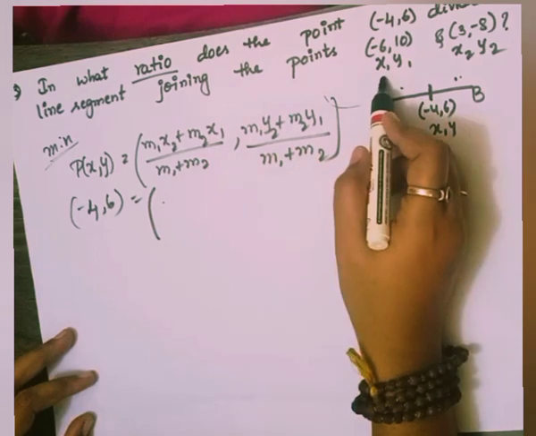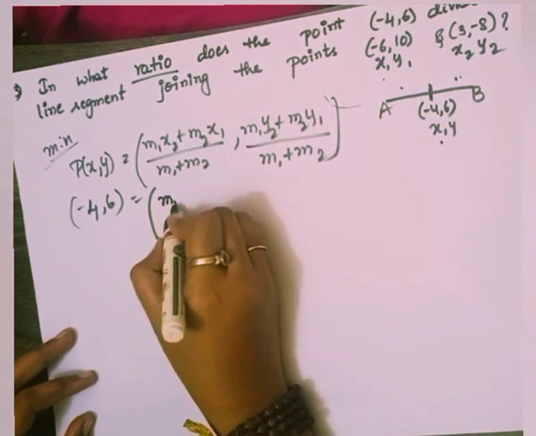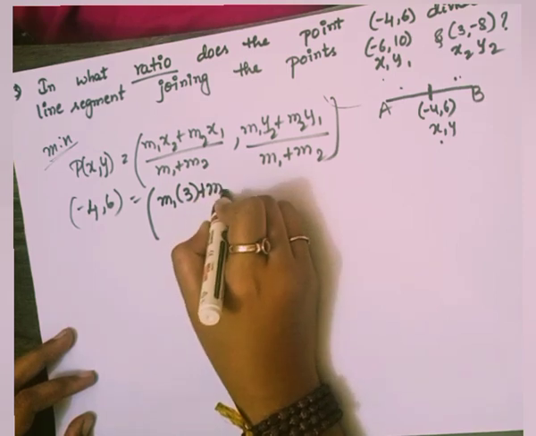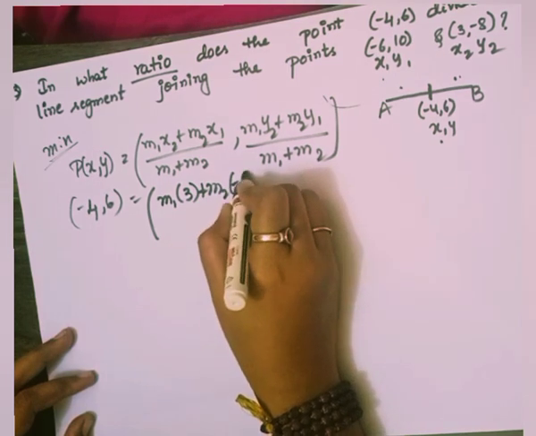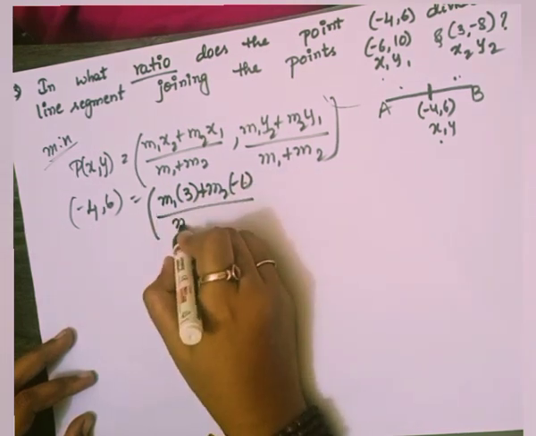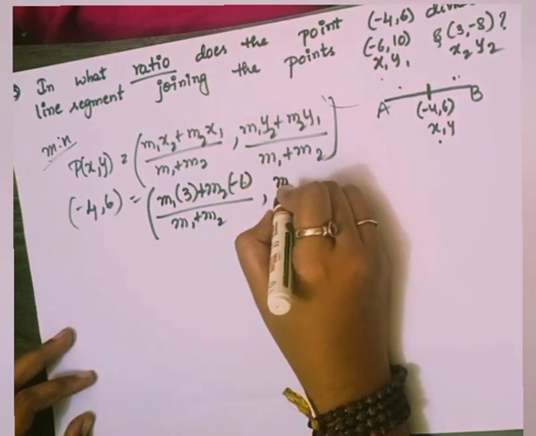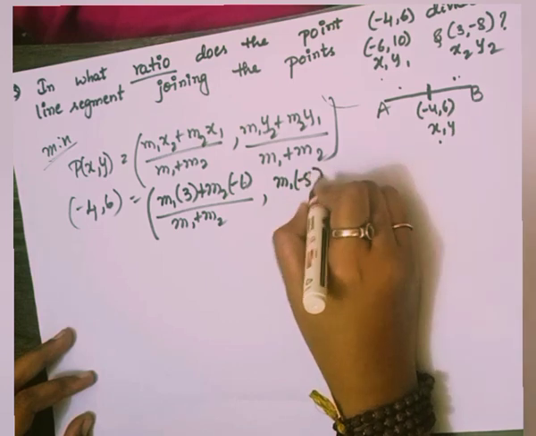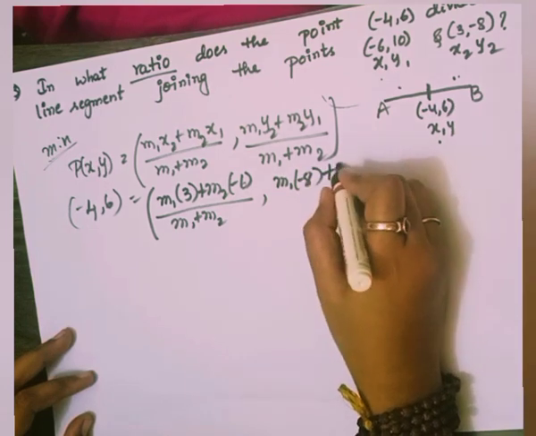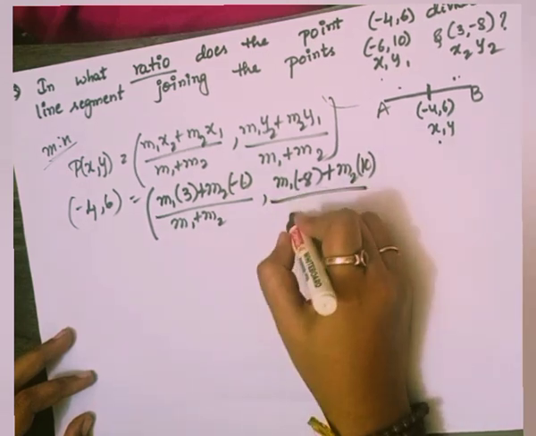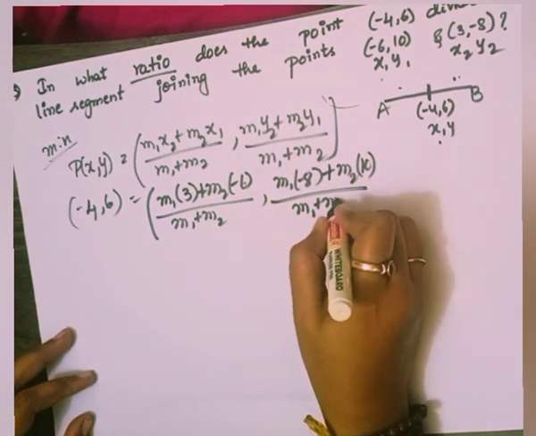So what is the x1 value I have? x2 value I have 3 plus m2, x1 value I have minus 6 divided by m1 plus m2 comma m1, what is the y2 value? Minus 8 plus m2, y1 value we have 10 divided by m1 plus m2.